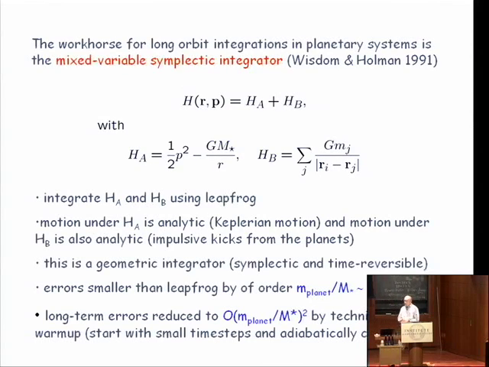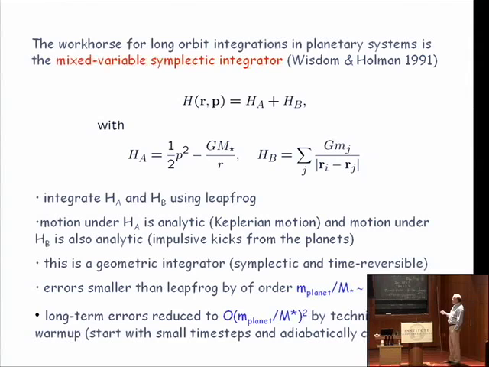This line of argument has led to the integrator that's almost universally used now to follow planetary systems. It was first worked out by Wisdom and Holman in 1991. It's often called a mixed variable symplectic integrator, and it basically involves making a Hamiltonian split into a Kepler part and a planetary perturbations part.